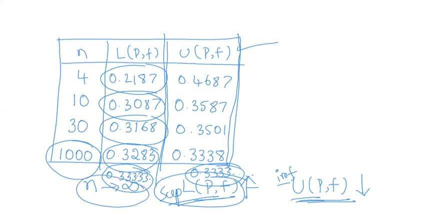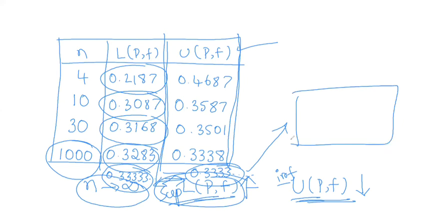Ultimately, for a large value of n, these two will be equal. The lower Riemann sum will be 0.333 and the upper Riemann sum will be 0.333. So as they are equal, this function will be Riemann integrable. This situation happens when n becomes larger and larger.